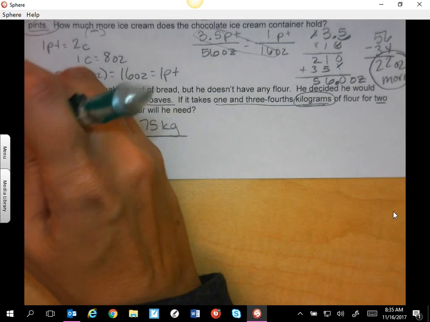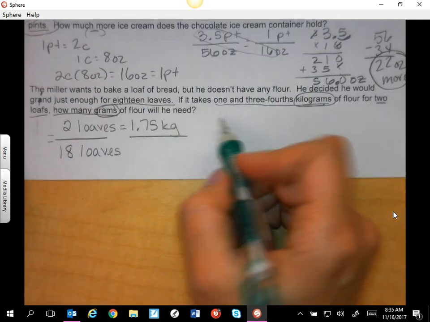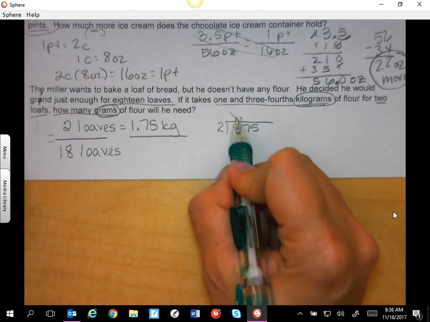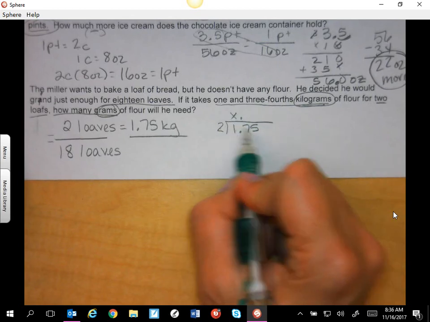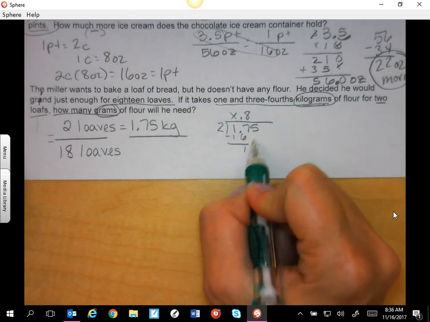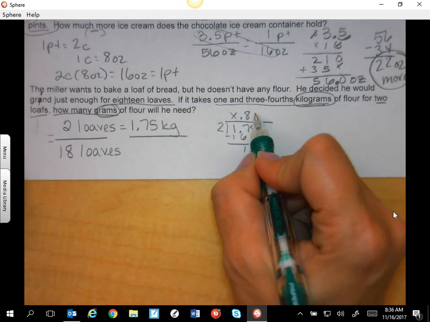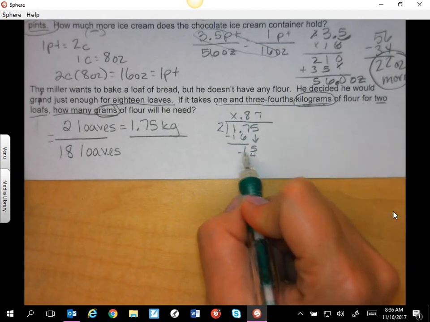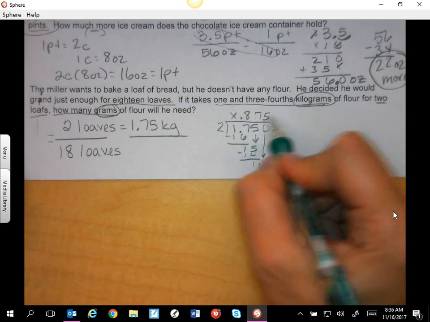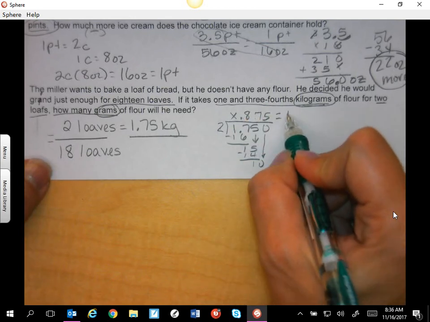I'm not going to do that though because we can find a unit rate. 2 doesn't go into 1. 2 goes into 17 8 times, that's 16. 2 goes into 15 7 times, don't forget to bring a 0. So this is 0.875 for 1 loaf.